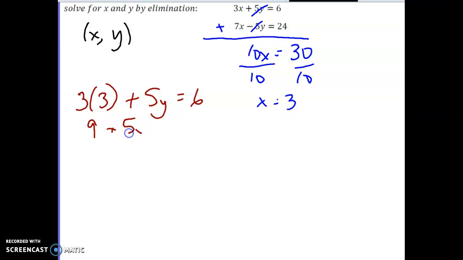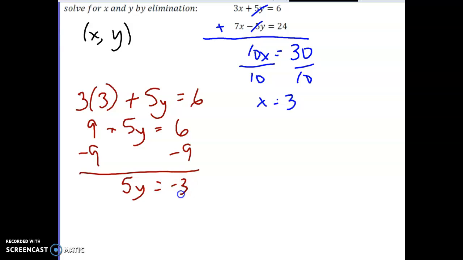So let's work to get y by itself. Subtracting 9 from both sides. And dividing by 5 to give me -3/5. Okay, so my answer is the point 3, comma, -3/5.